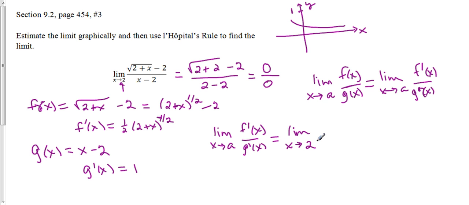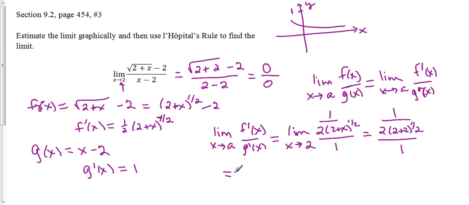And I'm going to substitute in for f prime of x, so I'm going to get 1 over 2 times 2 plus x to the 1/2 divided by 1, because that's what my g prime of x is. And now I want to try substituting in. So I'm going to have 1 over 2 times 2 plus 2 to the 1/2, all over 1, although I'm not going to write that anymore.